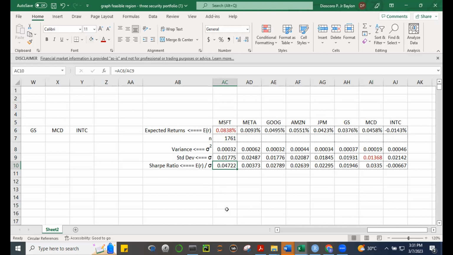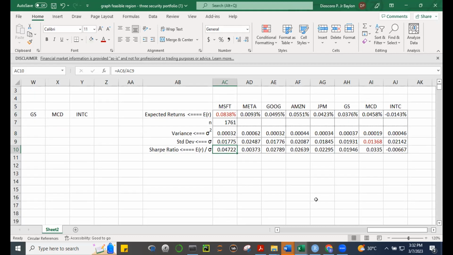For every 1 unit of risk, you're getting a return of 0.04 or approximately 0.05. The next performer is McDonald's at 3%, while Microsoft is at 4.7%. But that's looking at it from a stock perspective, individual stocks.